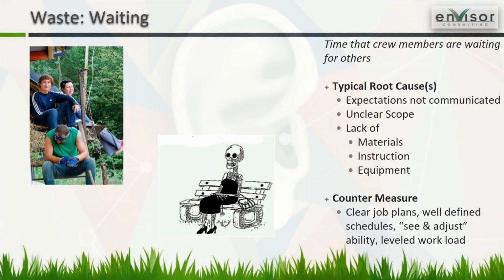Transportation looks like going to do work. Inventory looks like stuff to do work with. The only form of waste that really does not look like work is waiting. Waiting looks non-productive, and it is non-productive. But all the other forms of waste don't look like waste. They look like work. They disguise themselves as work.